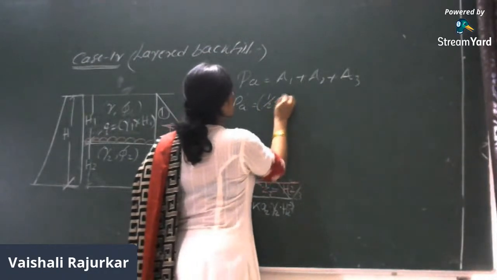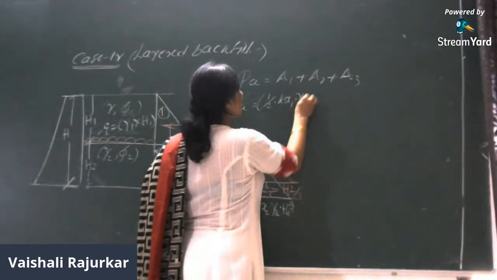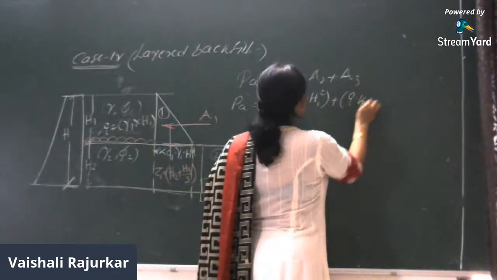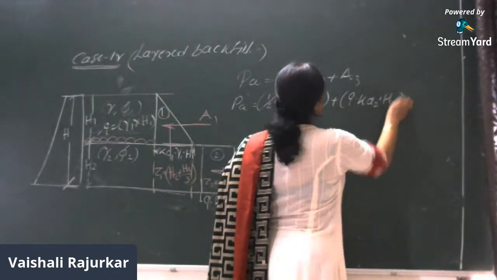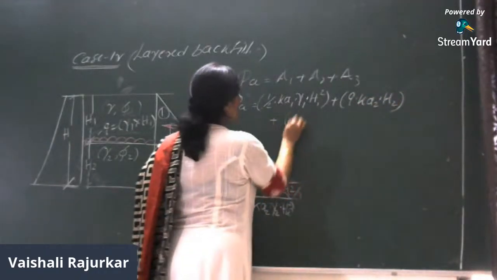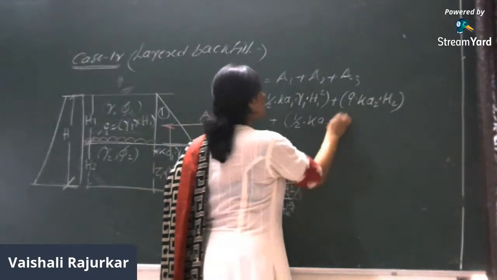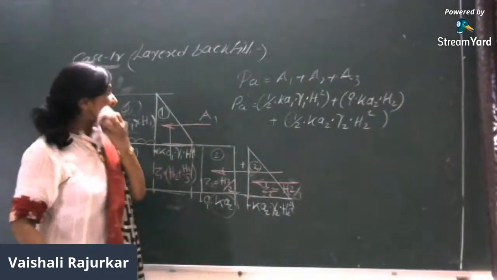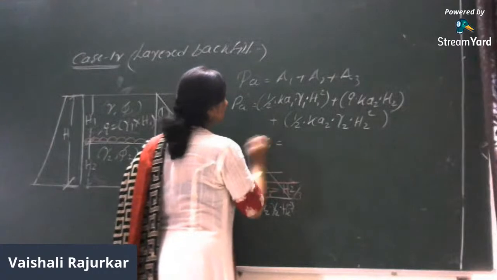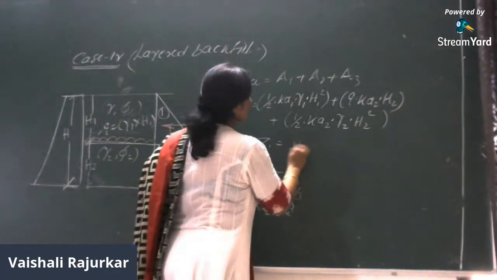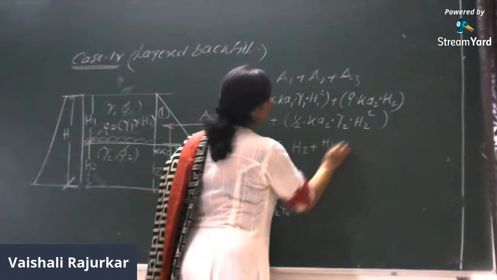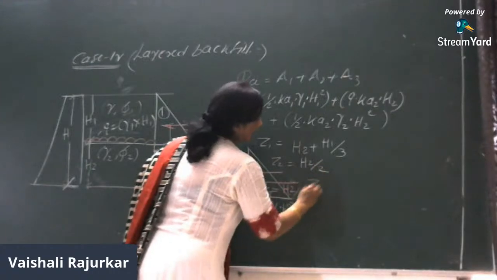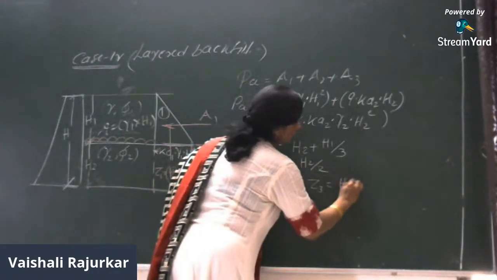A1 is half of Ka1 into gamma 1 into H1 square, plus Q into Ka2 into H2, plus half of Ka2 into gamma 2 into H2 square. Right? Then what is Z1? Z1 is H2 plus H1 by 3. Then Z2 is H2 by 2. And Z3 is H2 by 3.